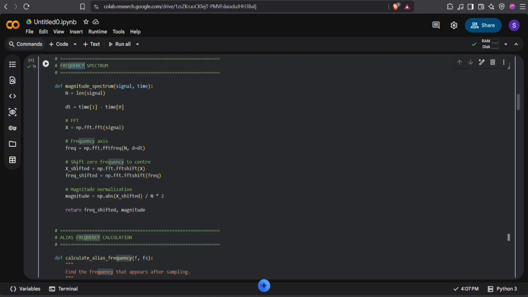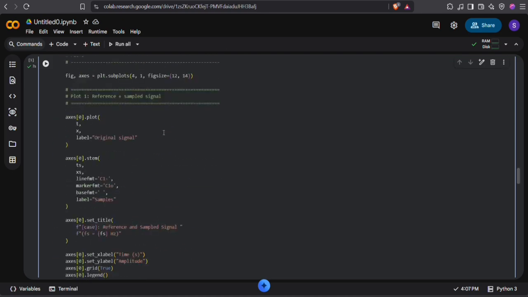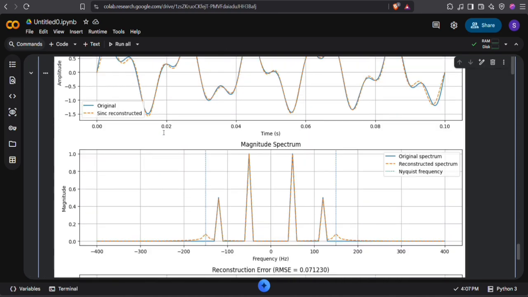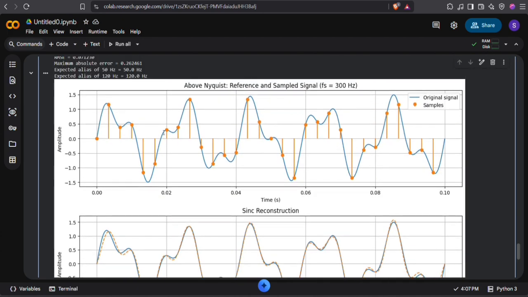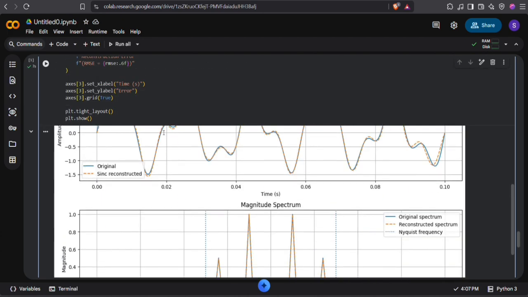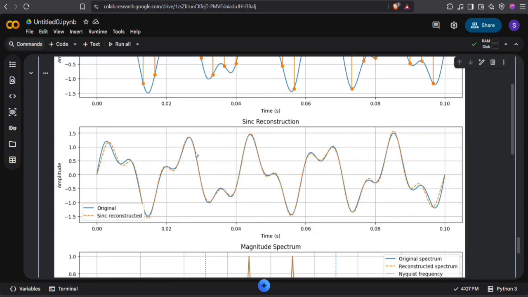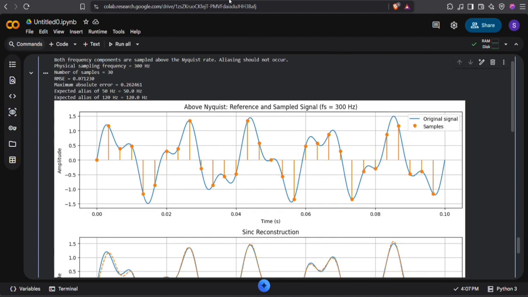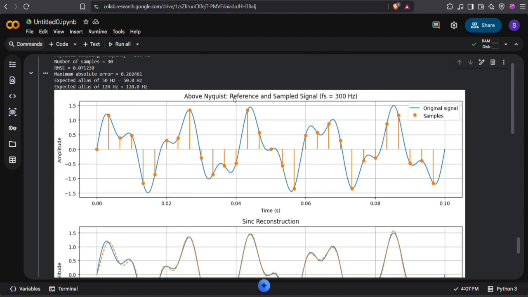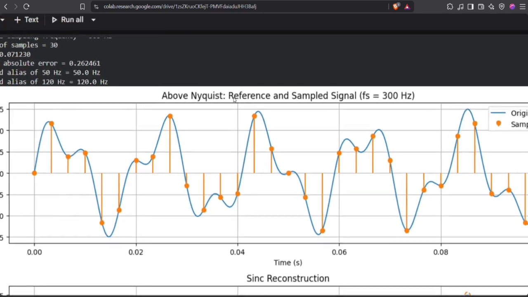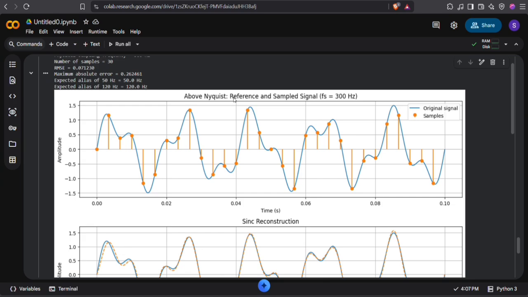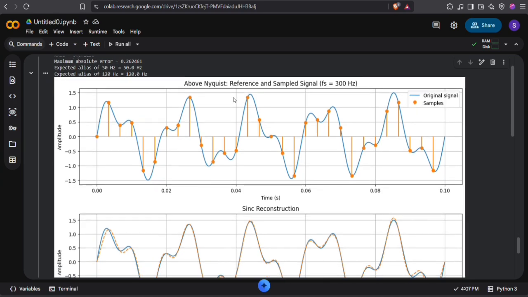And now, starting with the graphs, here is where the demonstration begins. Here I took case one, where the sampling frequency is 300 hertz. Graph one is the sampling. Here it is the graph. The first sampling frequency is 300 hertz.